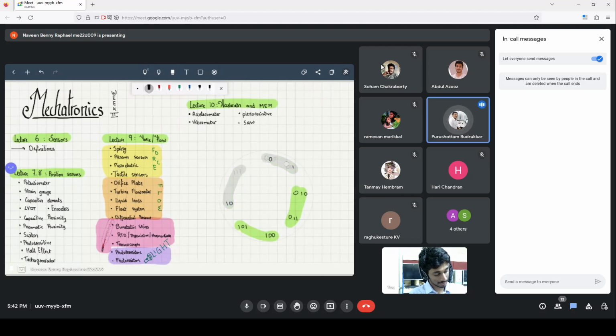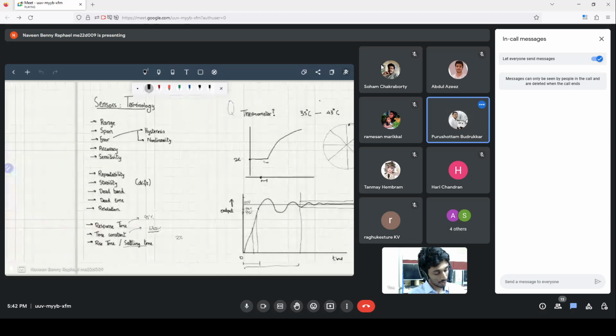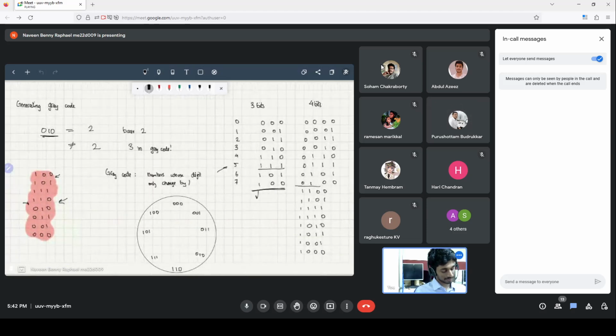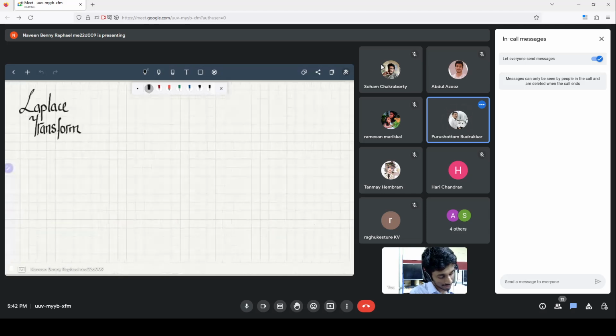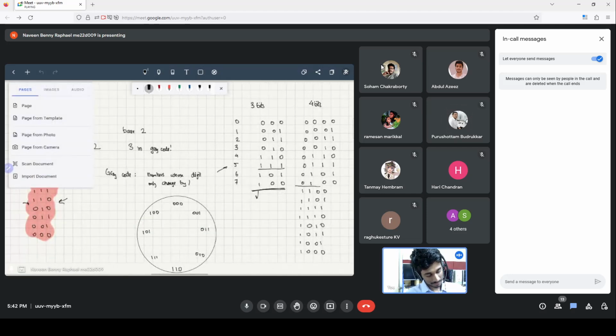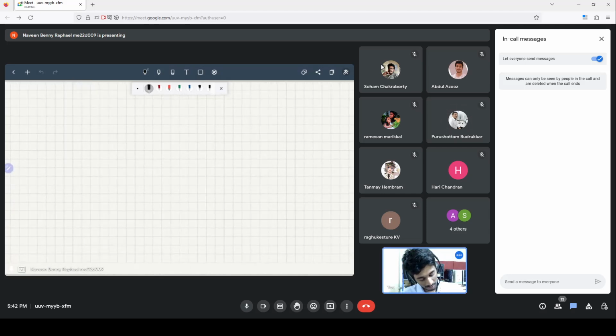Sir, can you please tell once again the 2 to the power n minus 1 concept? Okay, so the idea is, binary means 2. So binary digit means you can only have two things.